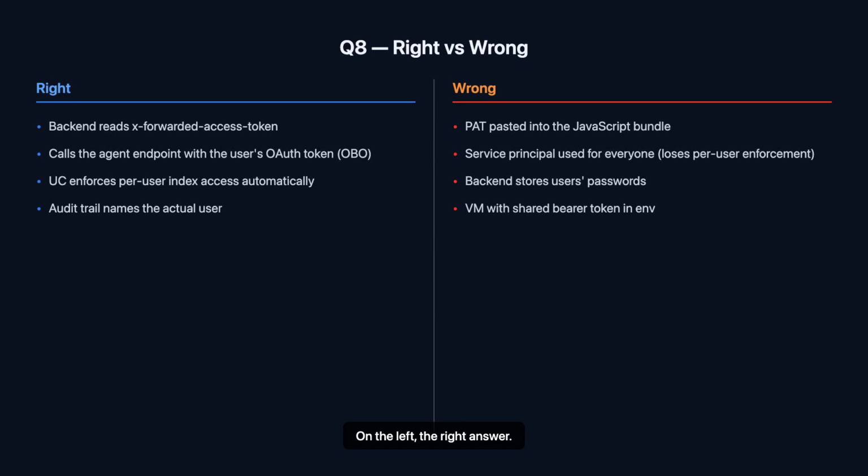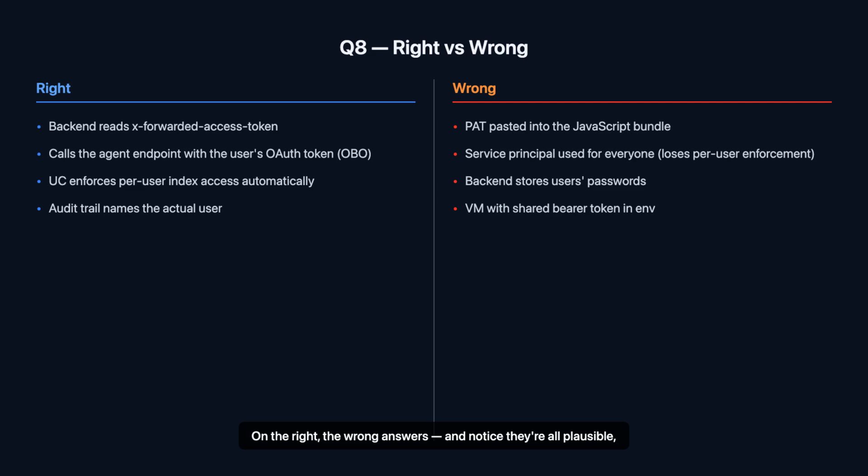On the left, the right answer. The backend reads X-Forwarded-Access-Token from the incoming request, calls the agent endpoint with that user's OAuth token using the on-behalf-of pattern. Unity Catalog enforces the per-user index access automatically, and the audit trail names the actual user who asked the question.